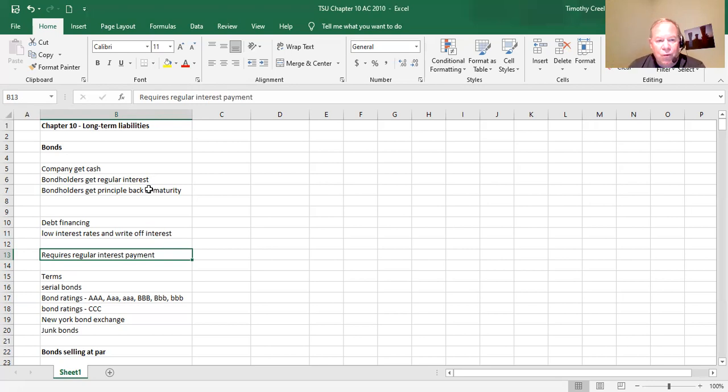Now, probably the one disadvantage to it is that companies need to make sure that they don't take on too much debt. Because just like an individual, if a company takes on too much debt, the payments are due regardless of how well they're doing financially. If they're having a good year or a bad year, interest payments are still due. So a company can really take on too much debt.